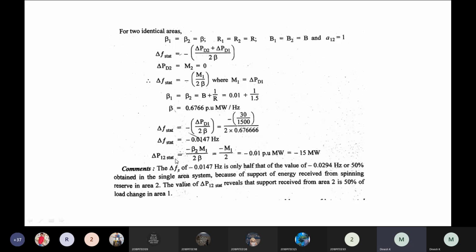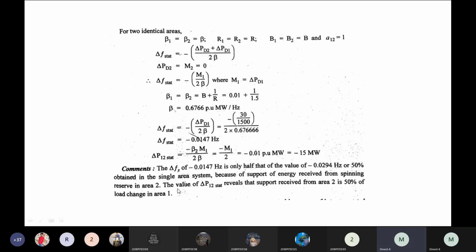So change in power is nothing but minus beta 2 M1 by 2 beta. Here beta 2, beta 1, beta are all the same, so they will cancel. Minus M1 by 2. So M1 by 2 is minus 0.01 per unit megawatt. Okay, or otherwise it is 15 megawatts in actual.